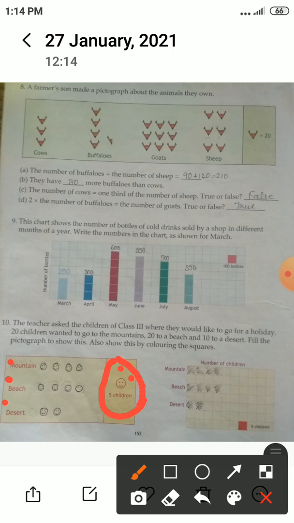How many children wanted to go to the mountain? 20. So divide 20 by 5. 4 is the answer, so you have to make 4 smileys here.